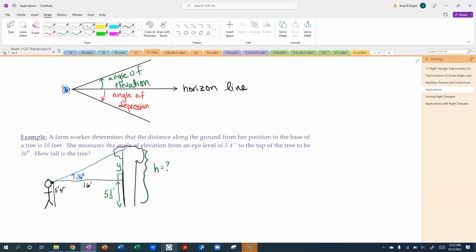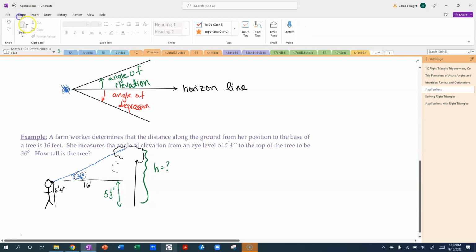Okay, so I have a diagram and some labels. Now I need my equation. The equation needs to relate the angle, the unknown, and another known, which is another side of the triangle.